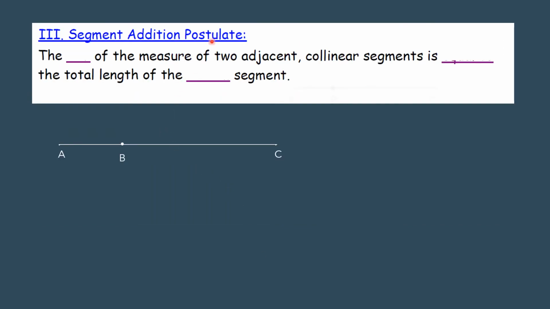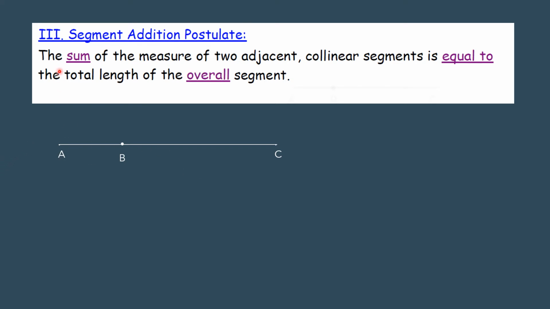So our postulate today is talking about two segments, so segment AB and segment BC here, that are adjacent. So you can see they're adjoining or touching at point B. So the segment addition postulate says if you measure each of these segments, the sum of those measures is going to be equal to the total length of the overall segment.